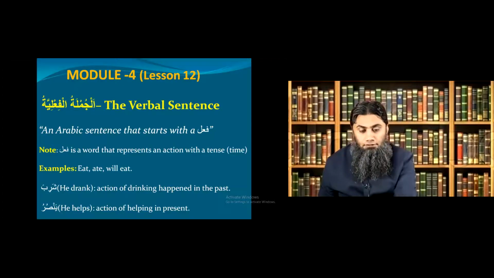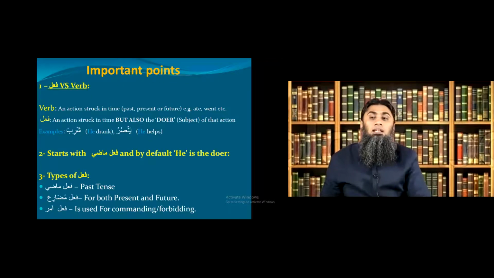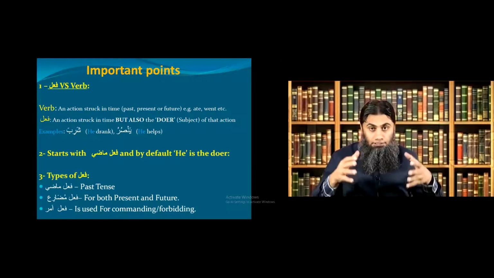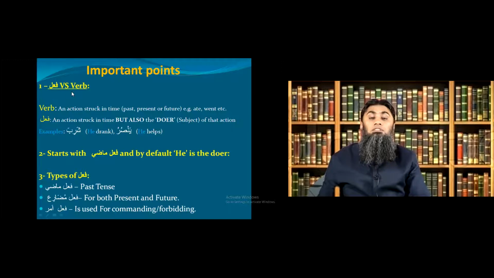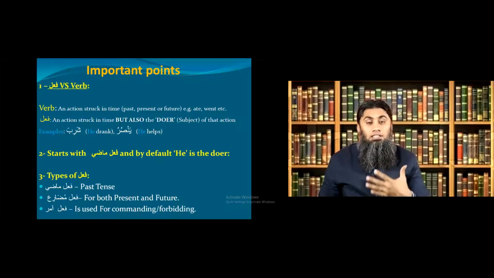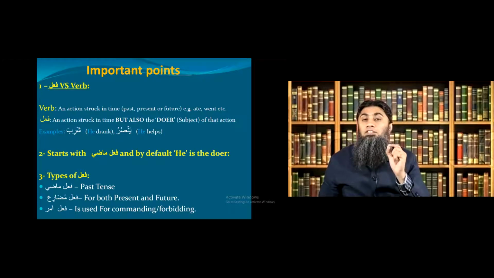Okay, let's move on. Let's understand a few important points with regard to this module 4, which is Jumlatul Fi'liyah or the study of fail. So point number 1, fail versus verb. The English term verb and the Arabic term fail, although they are similar, have a very significant difference.